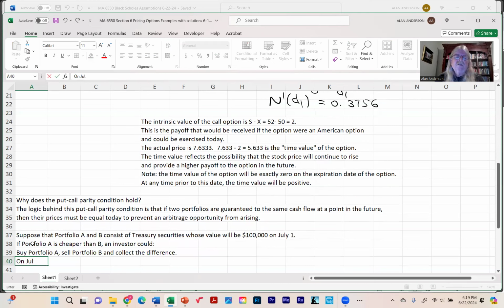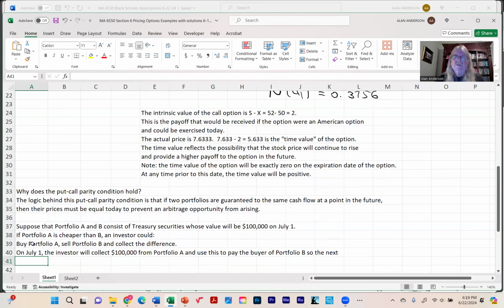On July 1st, the investor will collect $100,000 from portfolio A because he owns it, and use this to pay the buyer of portfolio B. So the net cash flows are zero.